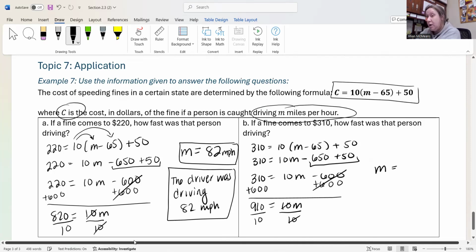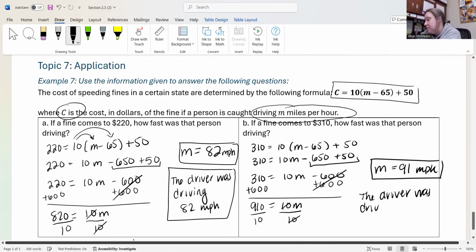And then 910 divided by 10 is 91 miles per hour. So at minimum, that should be your answer. You should at least describe what that number is. That number is miles per hour. It's even better if you could say something like the driver was driving 91 miles per hour. Always describe your answer with a word problem, okay?